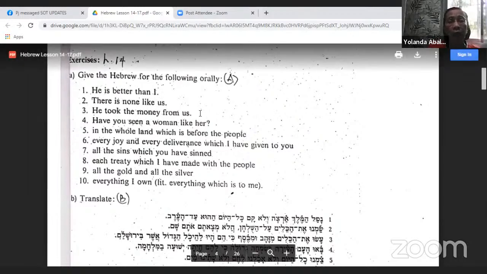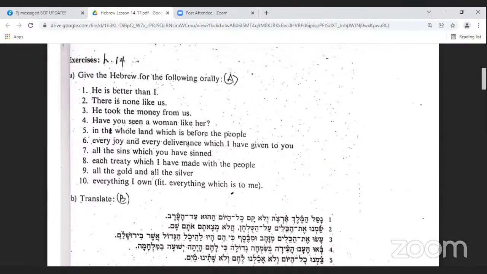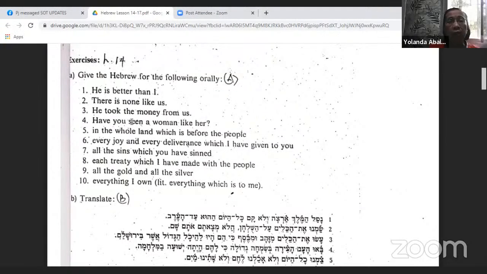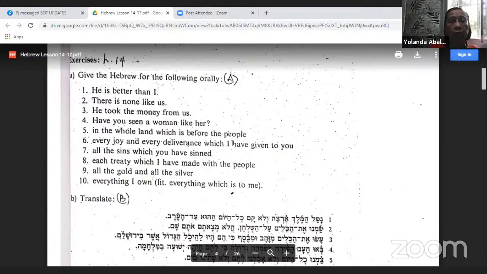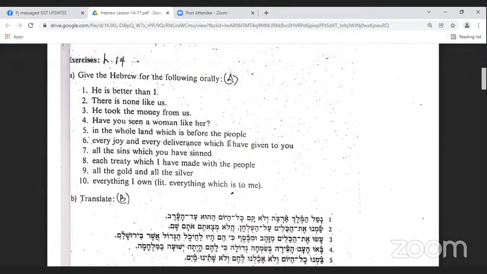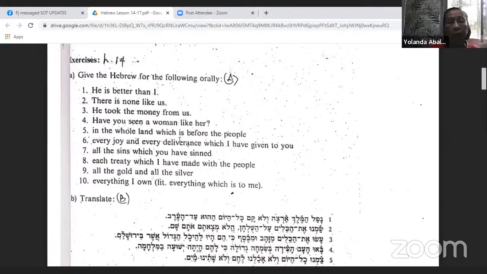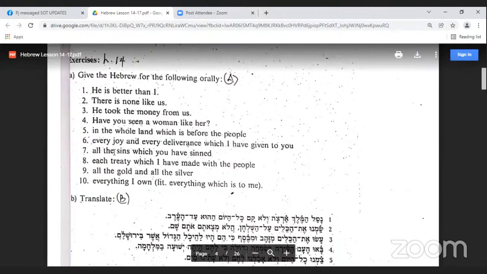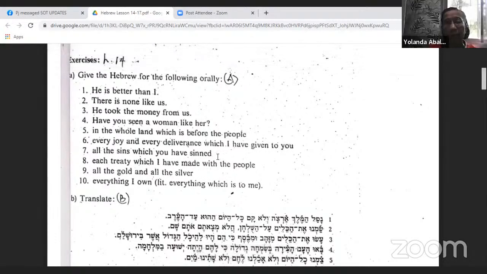He took the money from us. Have you seen a woman like her in the whole land which is before the people? Every joy and every deliverance which I have given to you. Number 7, all the sins which you have sinned.